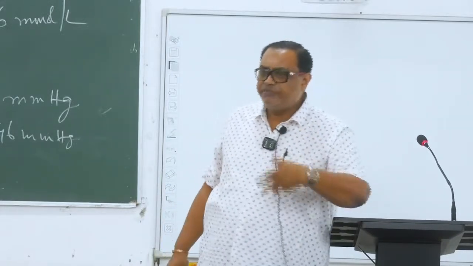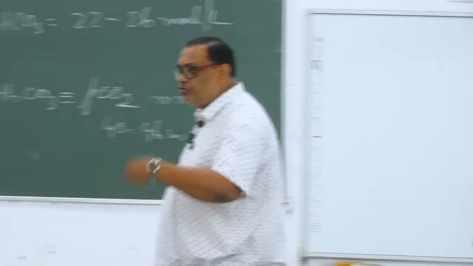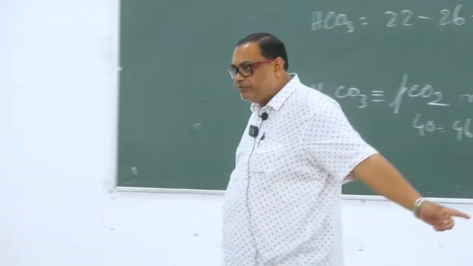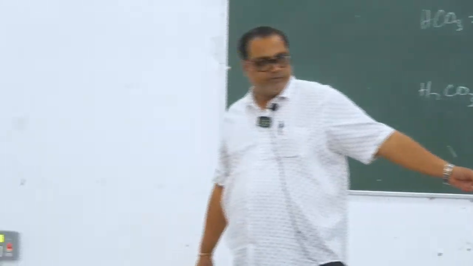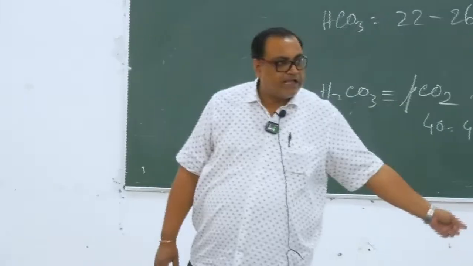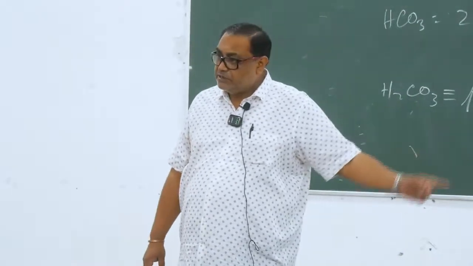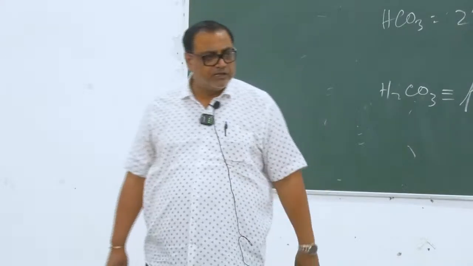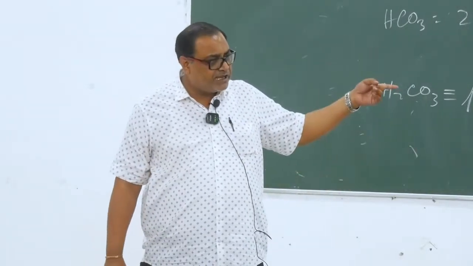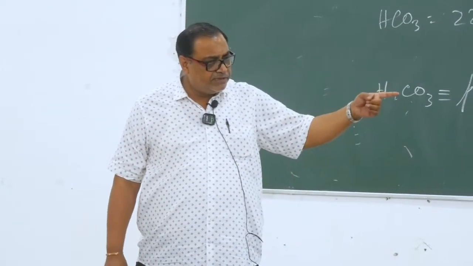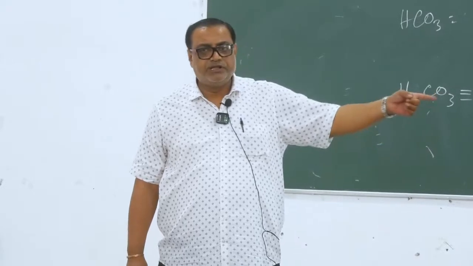The acidification of urine is mostly due to NH4 plus, not H plus. So excretion of NH4 plus means what? That same H plus ion will combine with NH3 and form NH4 plus.